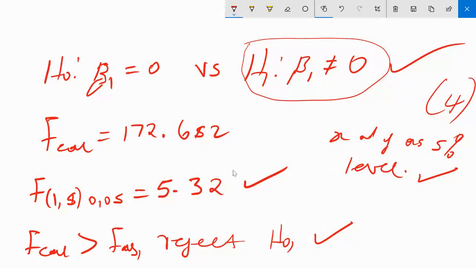So please, there are people who decided to take this value from the T table. So they use the T table to get this. It's wrong, because when you test the analysis, or when you test from ANOVA, we are using the F test.